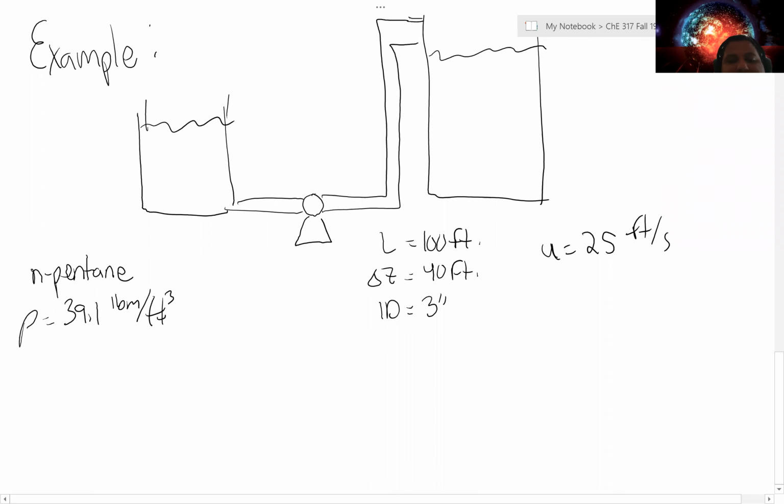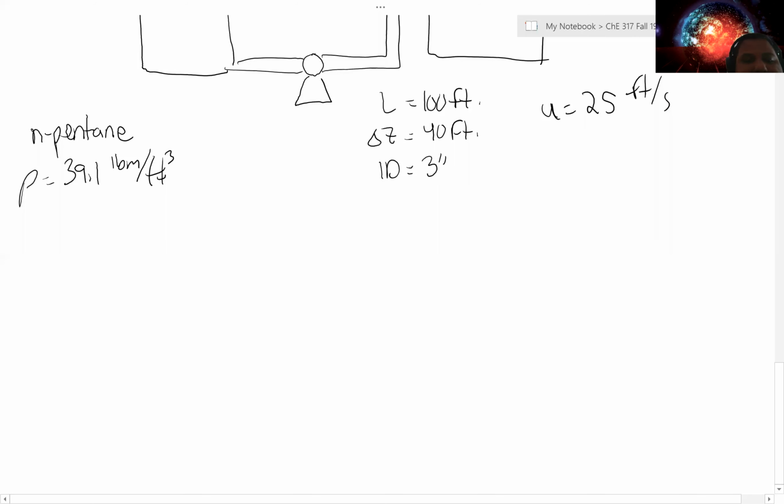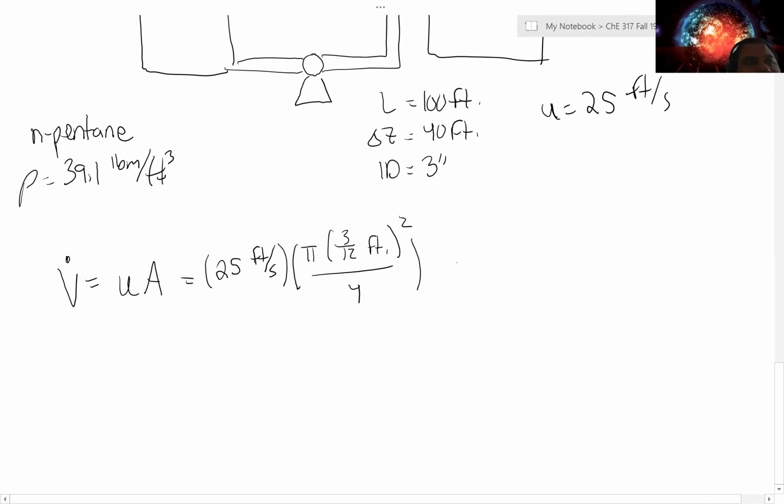So with this in mind, the first thing I can solve for is the volumetric flow rate, which is the flow velocity times the cross-sectional area, which in this case would be 25 feet per second times pi times the diameter, which is 3/12 feet squared over 4. Which I should get about 1.23 cubic feet per second.